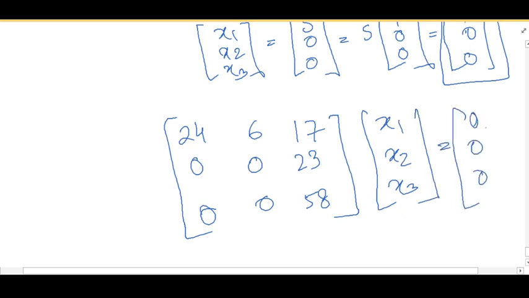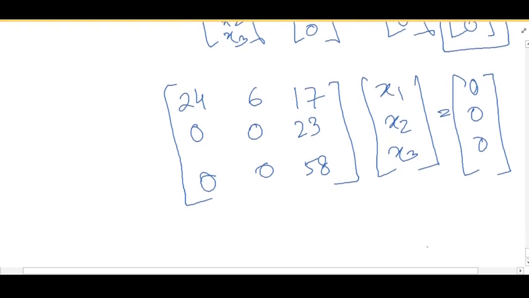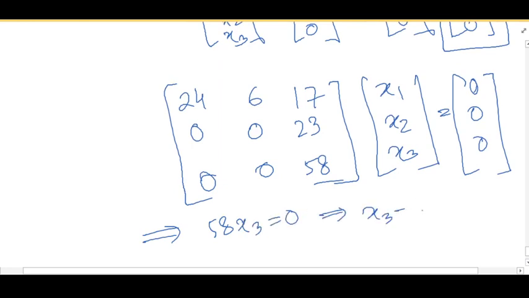In this case as well, if I take this one, 58x3 equals 0, you'll simply get x3 equals 0.